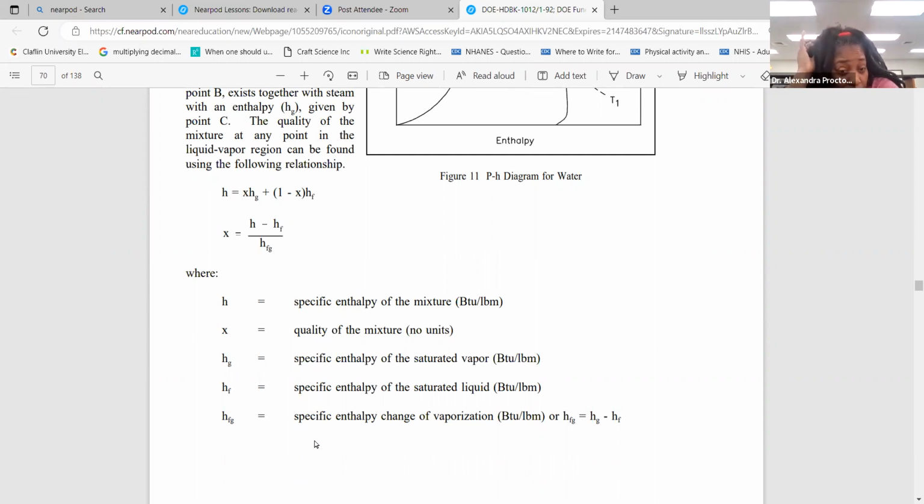And H sub FG is the enthalpy change of vaporization, and that's also in BTU per pound mass, or H sub FG is equal to H sub G minus H sub F. And so, like I said, this looks very similar to the aforementioned diagram.